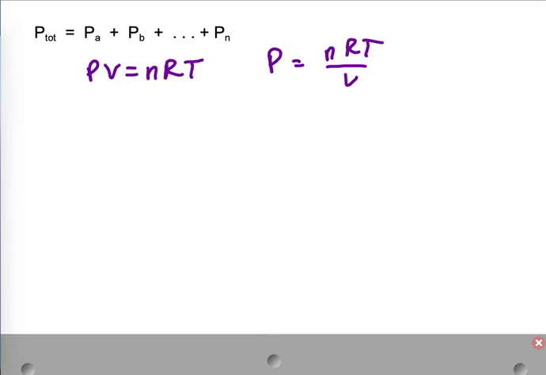Well, I can simply write out Dalton's law of partial pressures, replacing each term with a term that is corresponding to that particular gas.